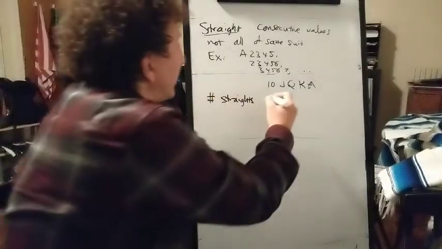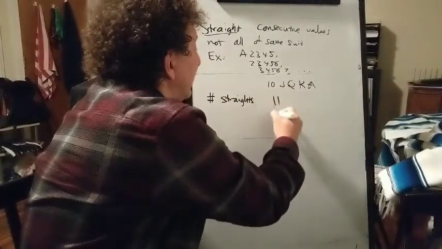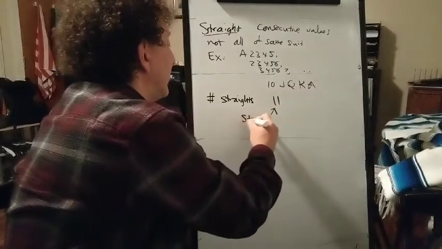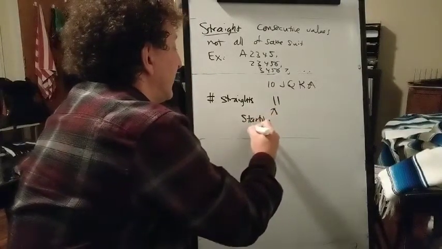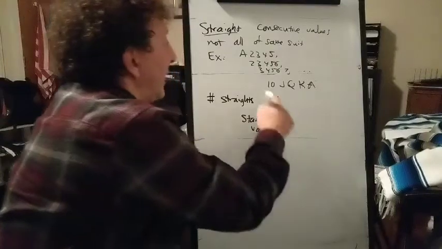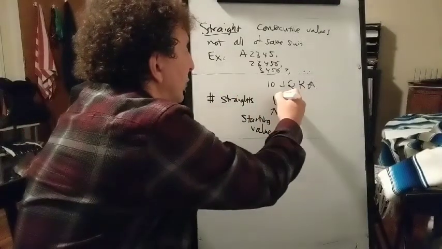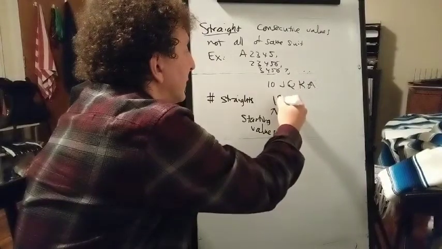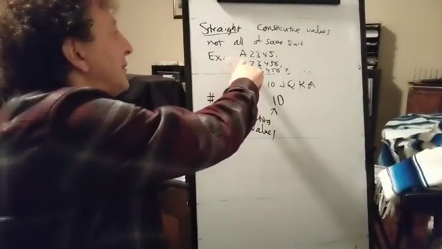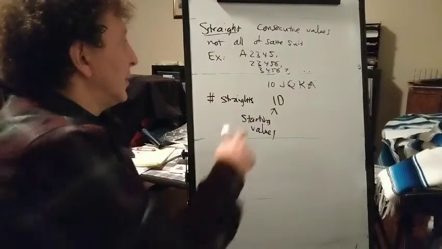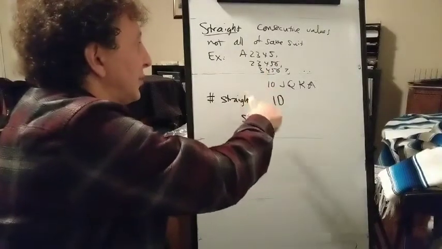So we'll choose one of 10 starting values, 1 through 10. And that completely determines the values of the following cards. This plus 1, this plus 2, this plus 3, etc.